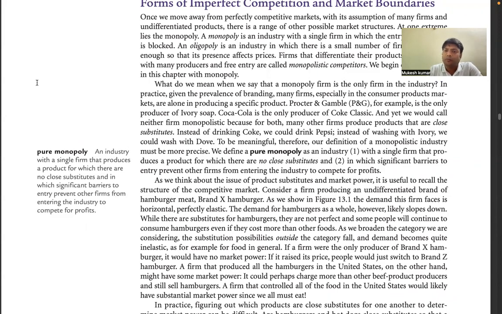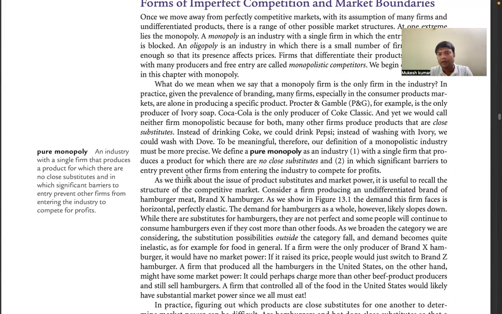A pure monopoly has a single firm that produces a product for which there are no close substitutes. And another thing is that there are significant barriers to entry, which prevent firms from entering and creating competition. So these are the two main factors which lead to pure monopoly.